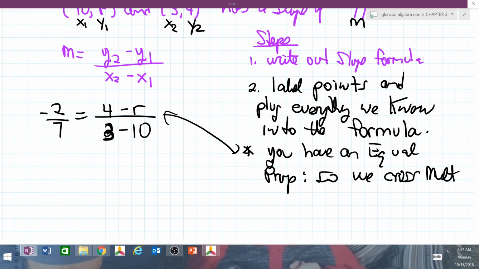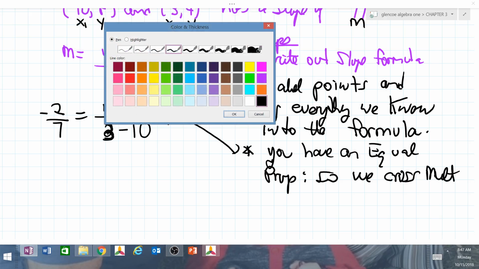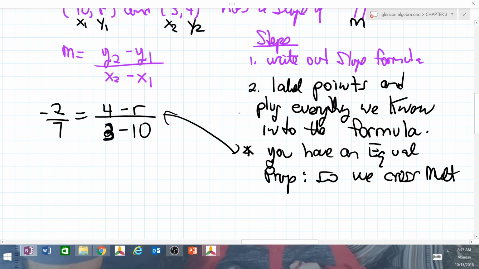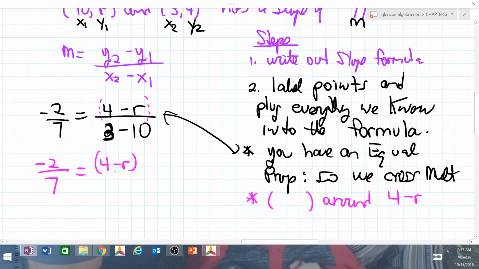But first, I want to bring one very important thing to our attention. I need to remember parentheses around 4 minus r. Is everyone with me? Yes? Negative 2 over 7 equals (4 minus r) over (3 minus 10).